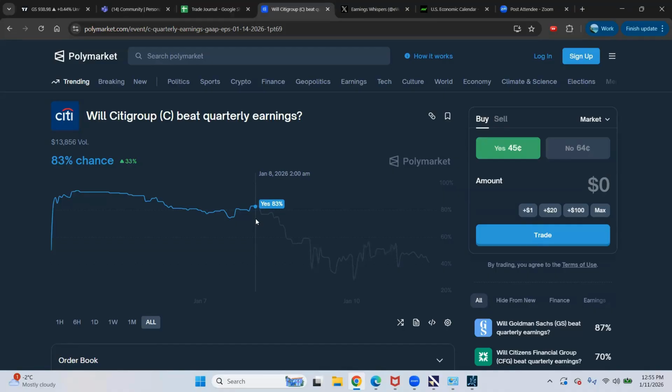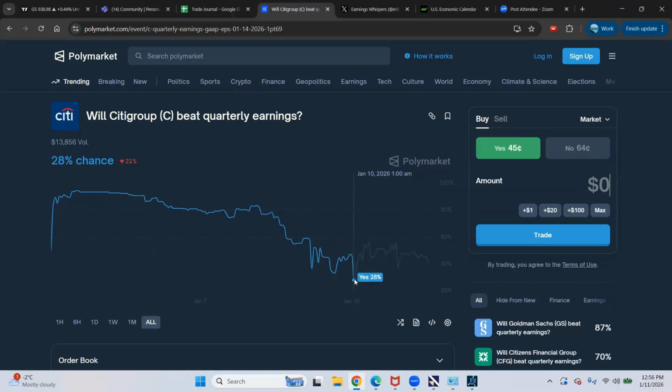So these numbers are all based on consensus EPS numbers that they have to beat for this binary option to pay off. But I do find this interesting that we've gone from what was a foregone conclusion at 92% on January the 5th down as low as 28%.